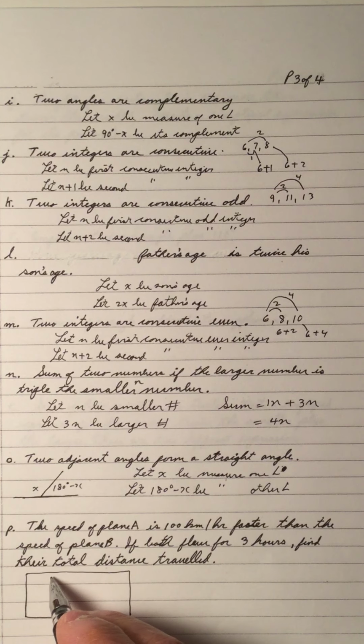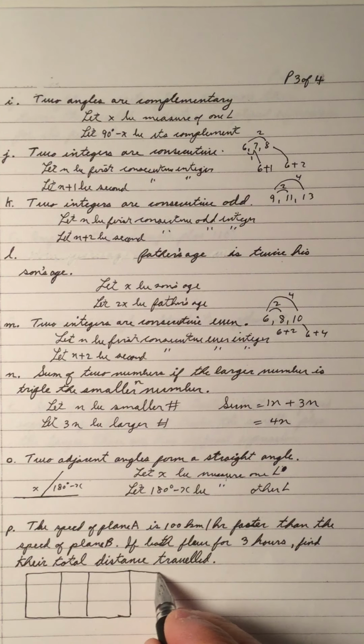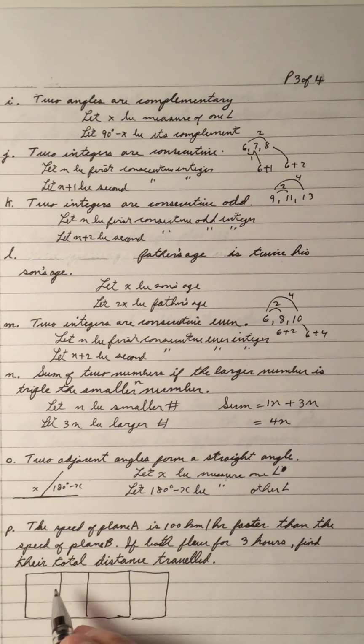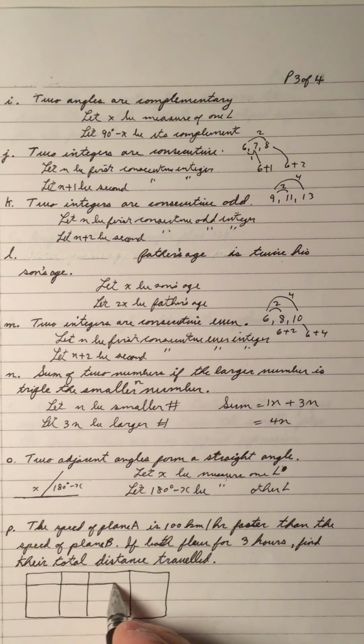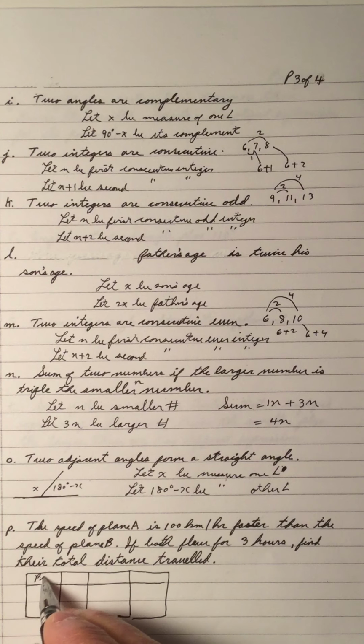And so what we have is, let's see what we have. Okay, the first column is the planes.